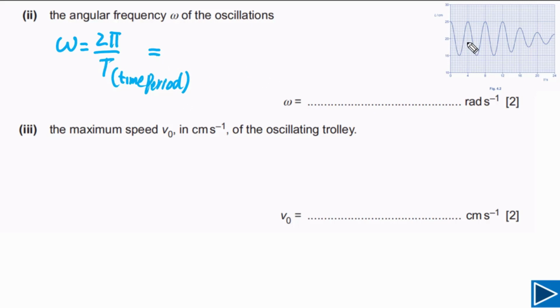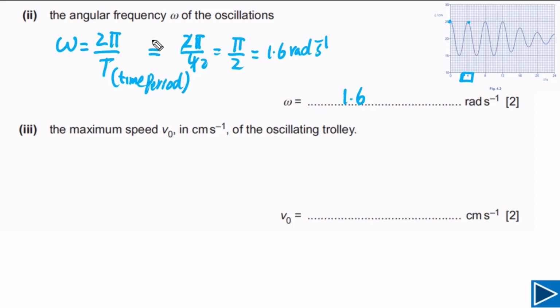If you look at figure 4.2, we can find out that this is one complete oscillation. So this time taken is equal to time period. Now, simply we can plug in value of capital T here. Capital T is equal to 4. And we can cancel this 2 with 4, so simply we are left with pi by 2, and pi by 2 is equal to 1.6 radians per second. So our final answer is 1.6 radians per second.